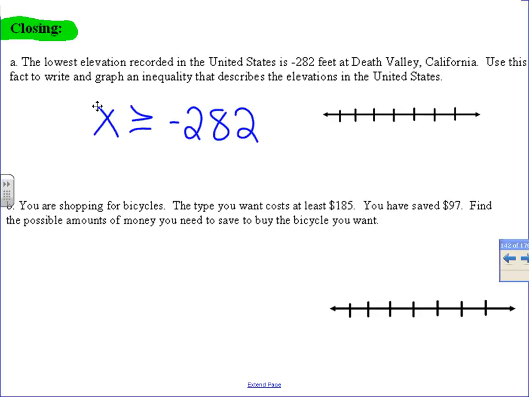Good. And I actually agree with you. I didn't mean to put the equals to there. It's greater than negative 282 feet because X represents all the other elevations in the U.S. And they're telling us the lowest elevation recorded is Death Valley, California, which is negative 282 feet. Charles?